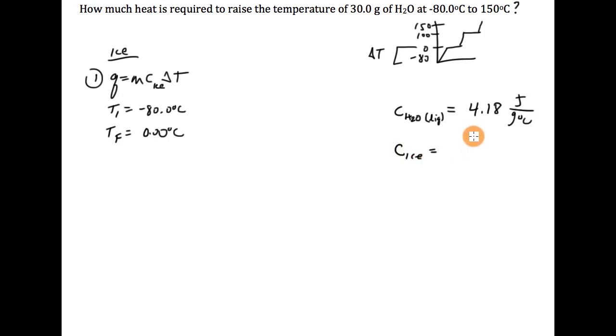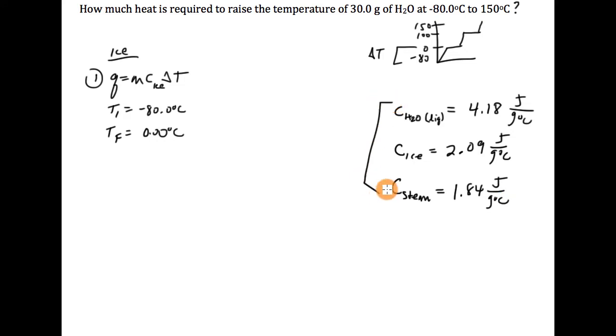Ice is going to have a different specific heat. The specific heat for ice is 2.09 joules per gram degree Celsius. And we're going to have another one for steam, which we're going to use up here when we get to this point. All right, and that one is going to be 1.84. These numbers vary a little bit depending on certain conditions and pressures, but for this class, these are the ones that we're going to use.